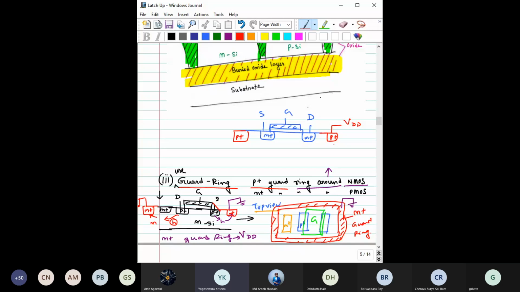You have another P plus region here, which is connected with the body. That's how you can actually prevent the latch up.